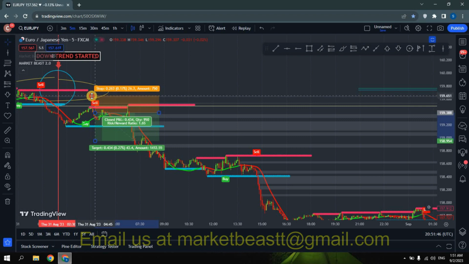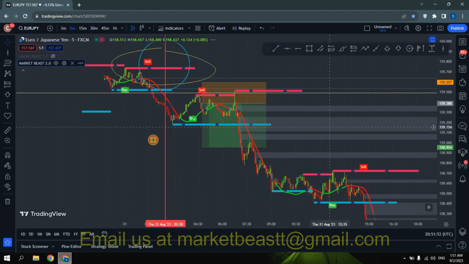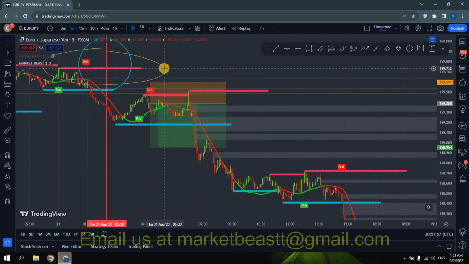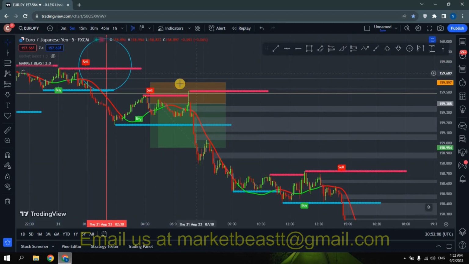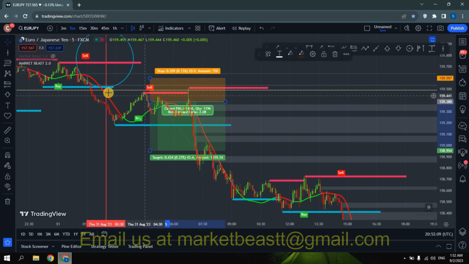Our stop loss will be just above our, you can set, let me show you in more detail. I'm going to delete these drawings. Now we got a sell signal on this area. We take it.